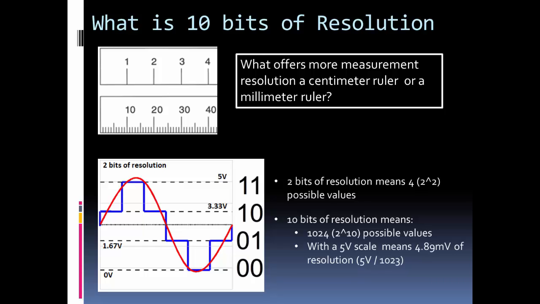So that means, if we think of the Arduino Uno, if we have a 5-volt measurement scale for our ADC, which the Uno has, we basically have a resolution of about 5 millivolts or 4.89 millivolts. So that means whatever we measure, assuming that we have ideal accuracy, we will be no more than 4.89 millivolts off from whatever the true value is.